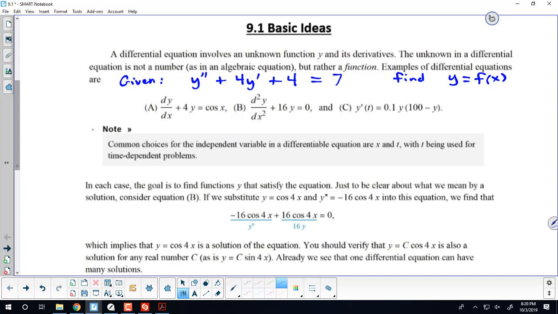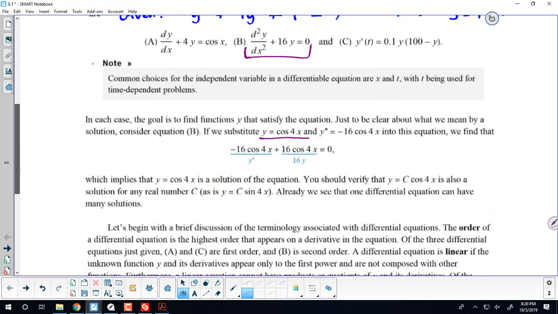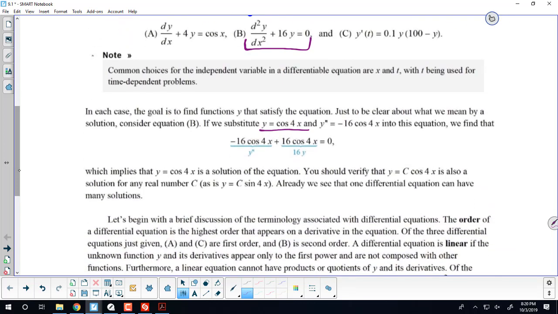They actually solved that one for us. They say that cosine of 4x is a solution to this differential equation. So that's in a nutshell what a differential equation is. They take many forms, and many of them are difficult to solve, as you might imagine.